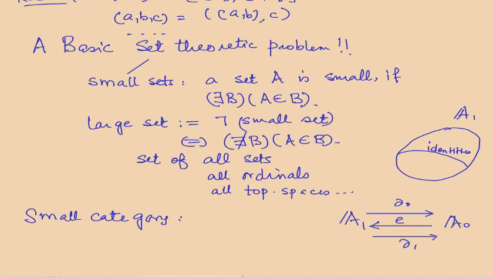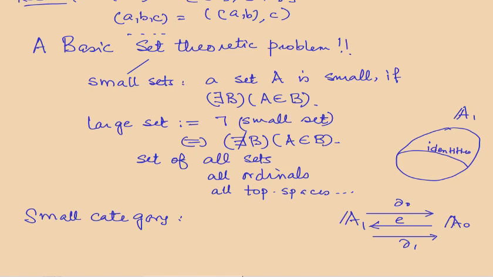But there can be cases when A0 is small and A1 is large. You can still have a case like that. Why not? Think of the following. If you take cardinal numbers, their multiplication is associative. So take a one-object category whose morphisms are cardinal numbers.